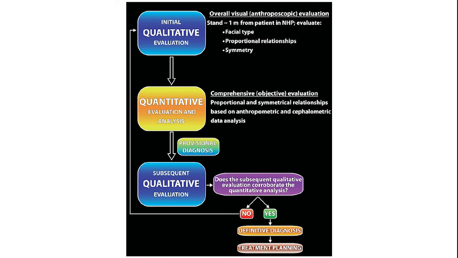The clinical data collected from the qualitative and quantitative evaluation may be used to assess the following. Number 1. Define the normal. Define which craniofacial structures are normal size and morphology and in the correct relative position. Number 2. Define the abnormal.